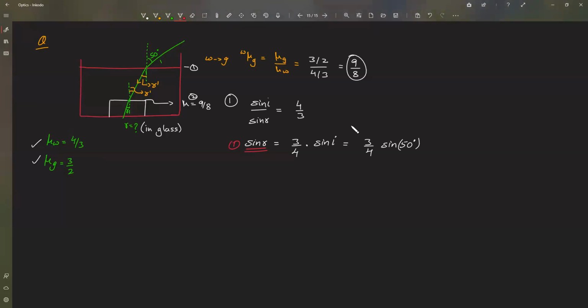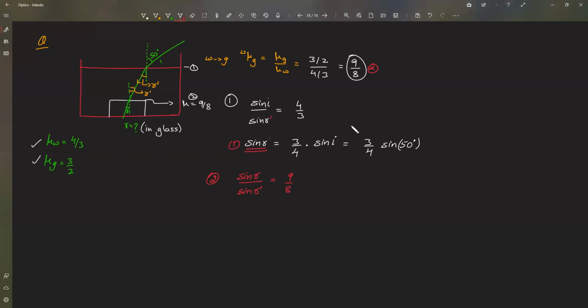For the second case, that is at surface 2, sine R divided by sine R dash is the refractive index of glass with respect to water, and this is nothing but 9 divided by 8. So equate it to 9 by 8. Clear? Now what do you have to find? Actually, this is R dash, right?